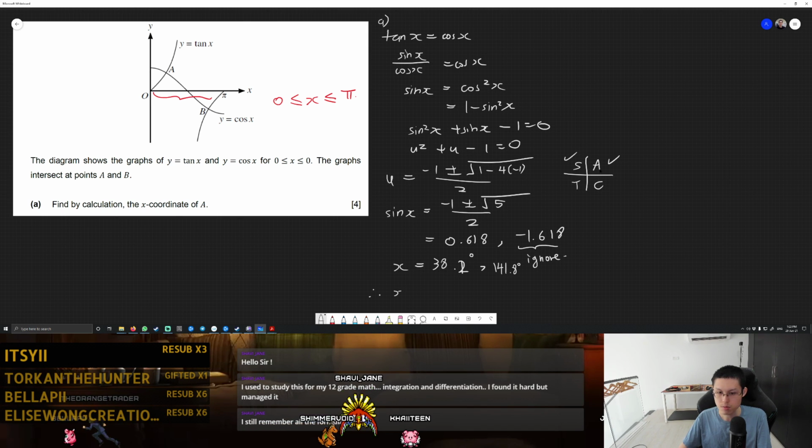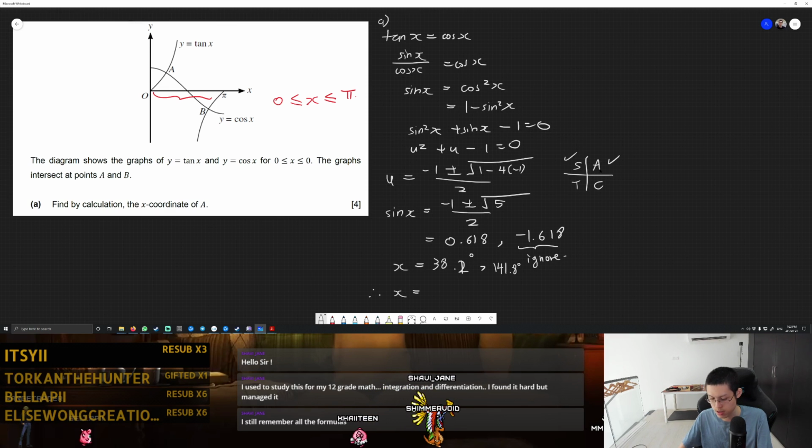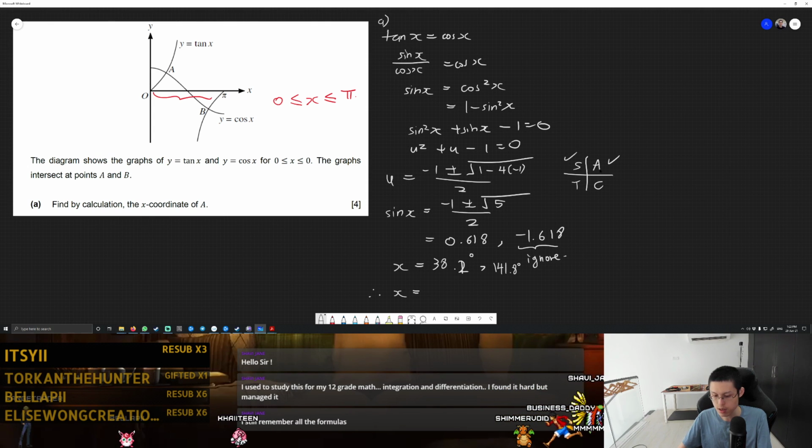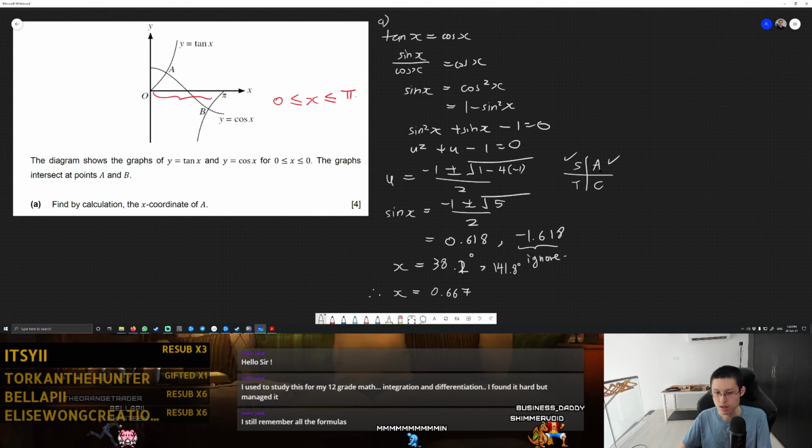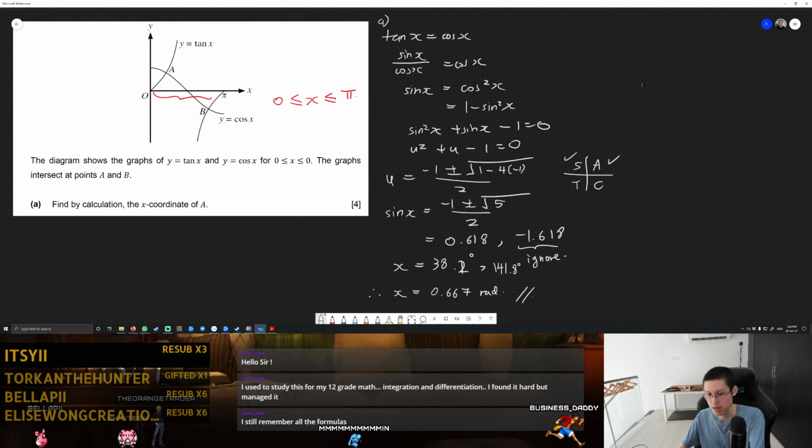So the answer should be x equals 38.2 degrees. Change that to radians. 38.2 times pi divided by 180 gives me 0.667 radians. Okay, because the second x coordinate refers to b, the x coordinate for b.